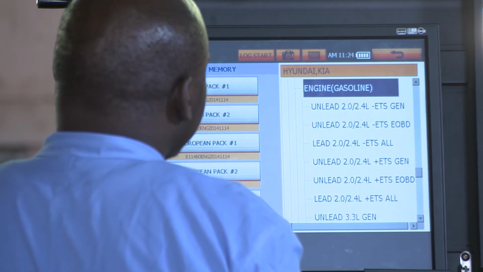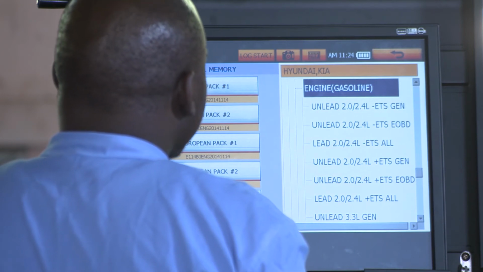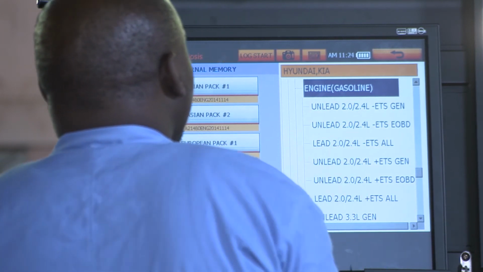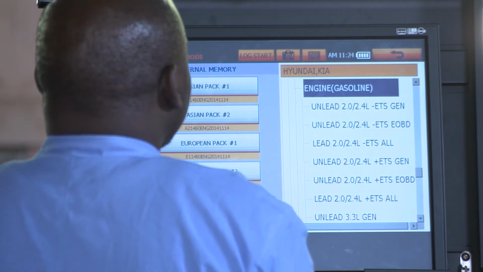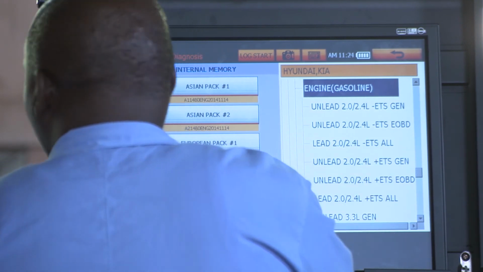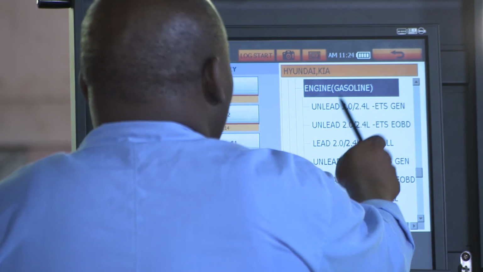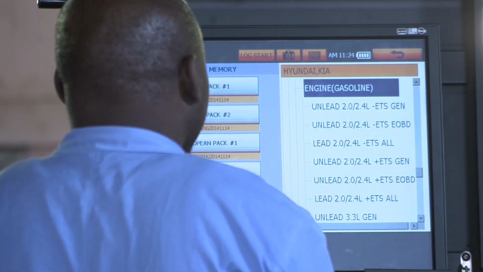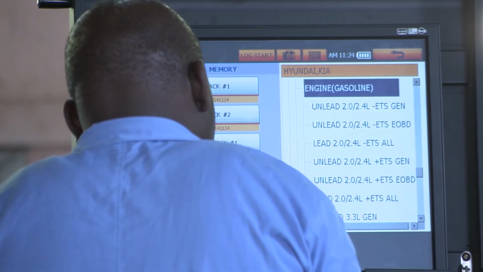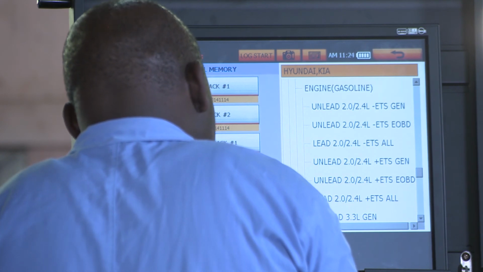In our country, we use leaded gasoline. And also we have to know whether the engine is 2.0 or 2.4 liter. Now we go in leaded.